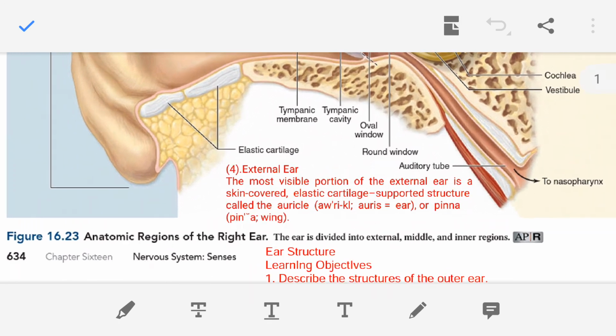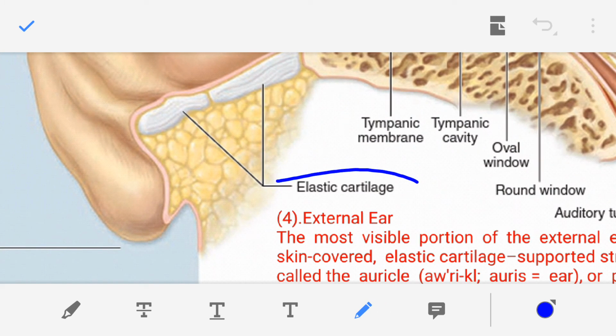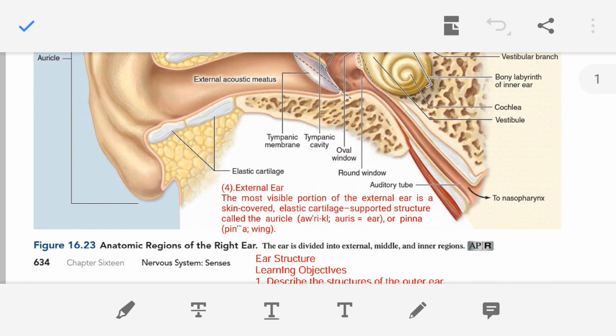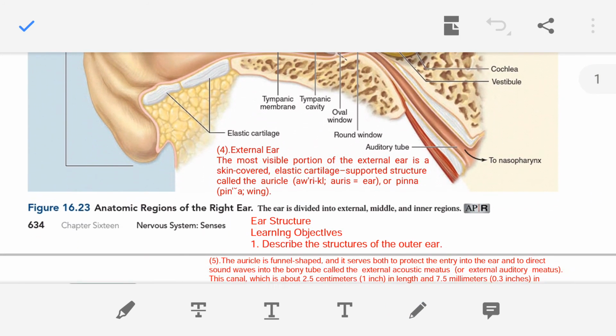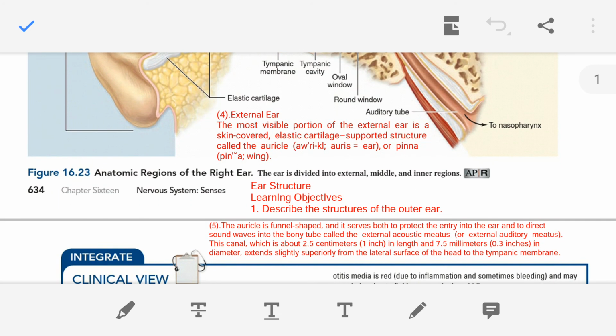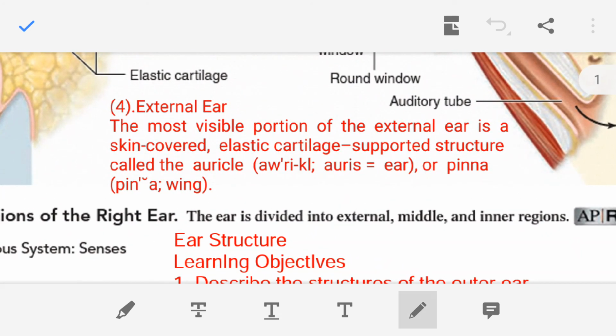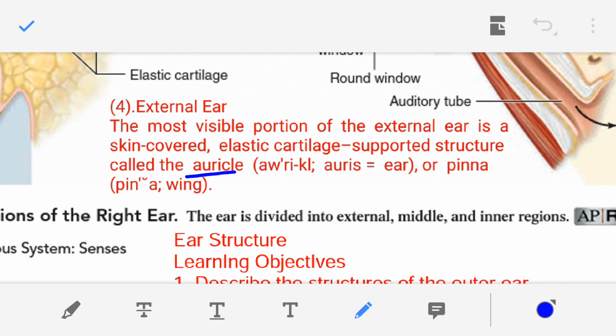Elastic cartilage inside, and it is covered by skin. So the term auricle is derived from the original word oris. Oris meaning ear, and pinna means wing.